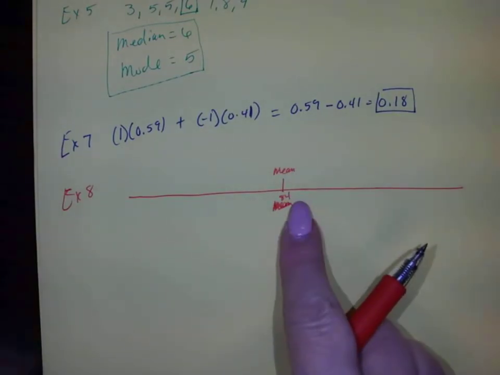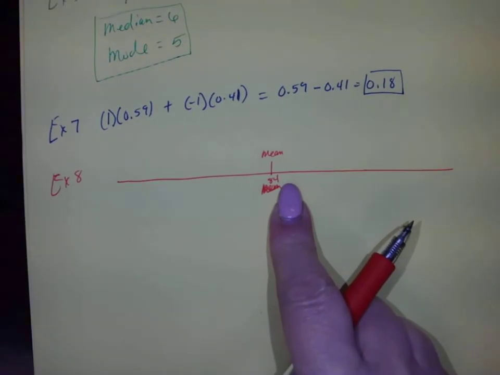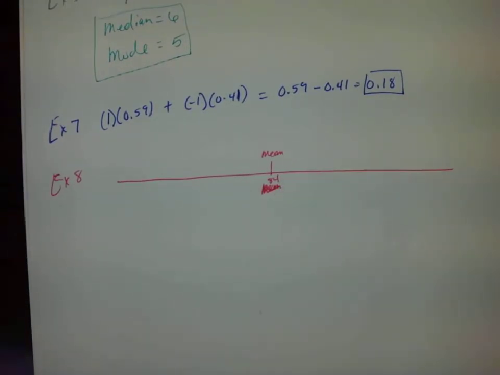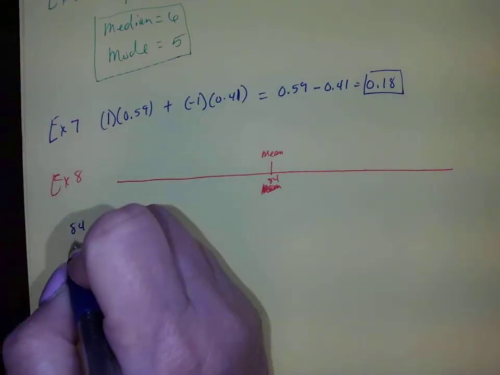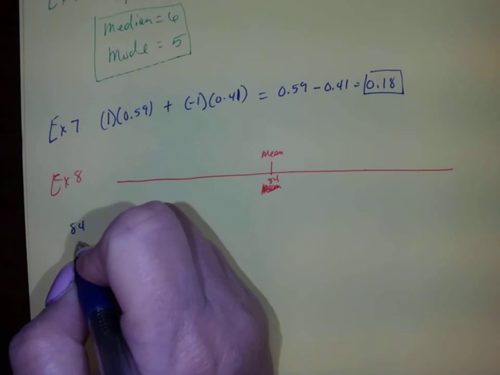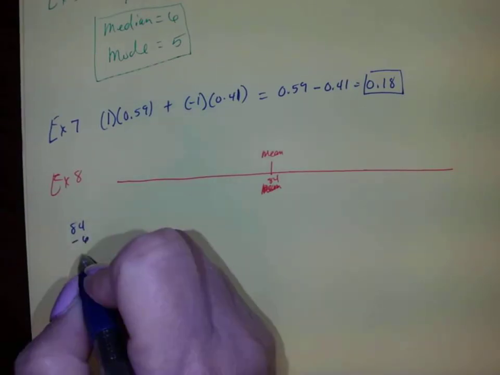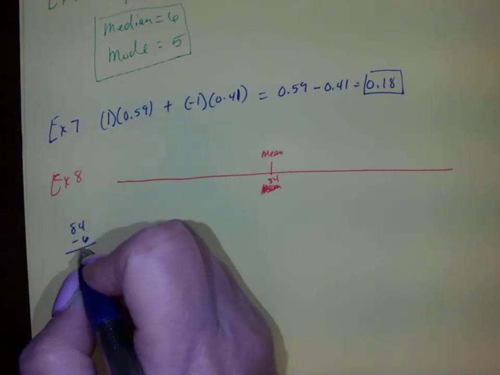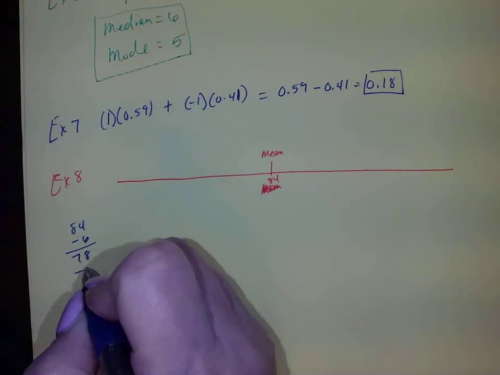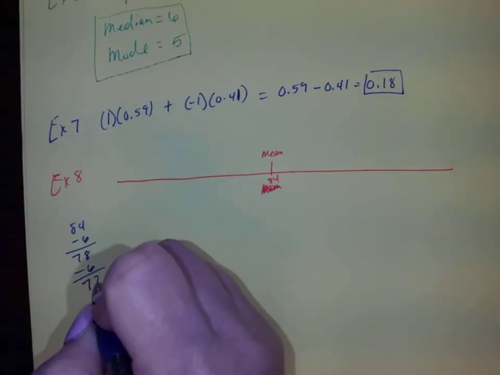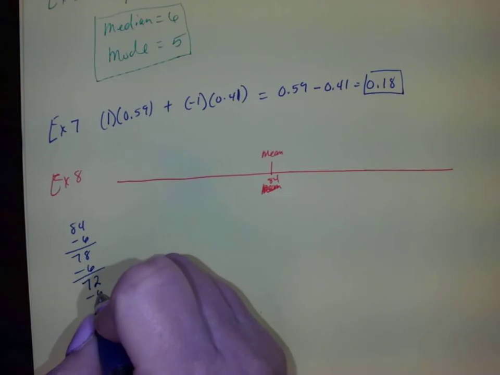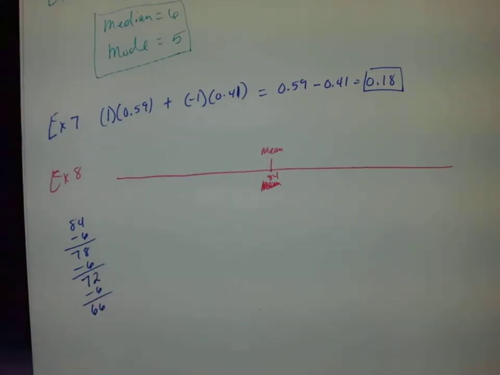To find them, we add and subtract our standard deviation from our mean. If I take 84 and my standard deviation is 6 and I subtract 6, I get 78. If I subtract 6 again, I get 72. And if I subtract 6 again, I get 66.